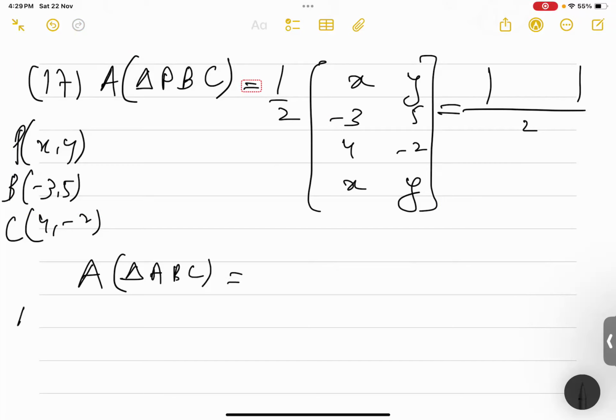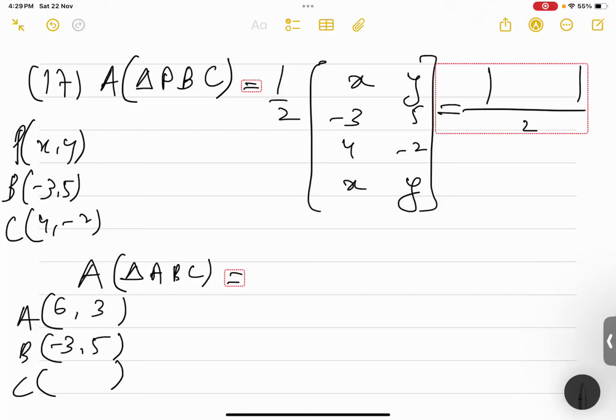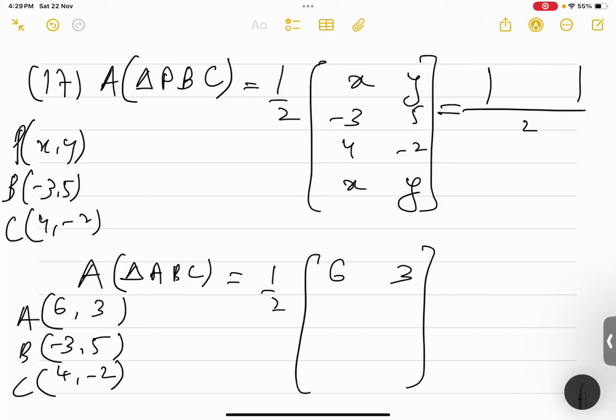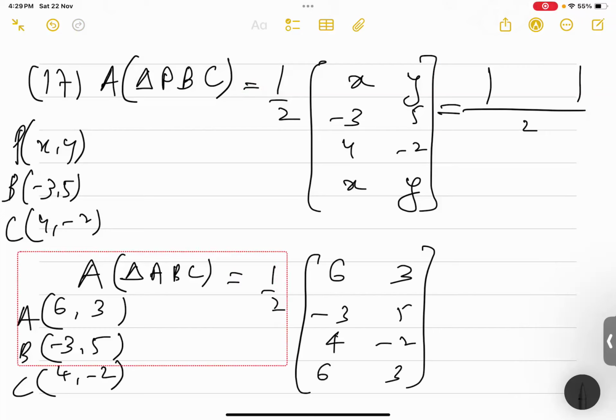ABC. Now ABC we already know. The vertex is given in the problem. 6, 3, minus 3, 5, 4 minus 2. Okay. So half 6, 3, minus 3, 5, 4, minus 2, and 6, 3.